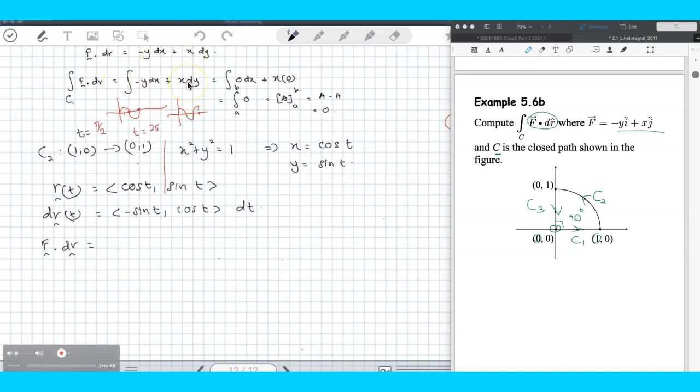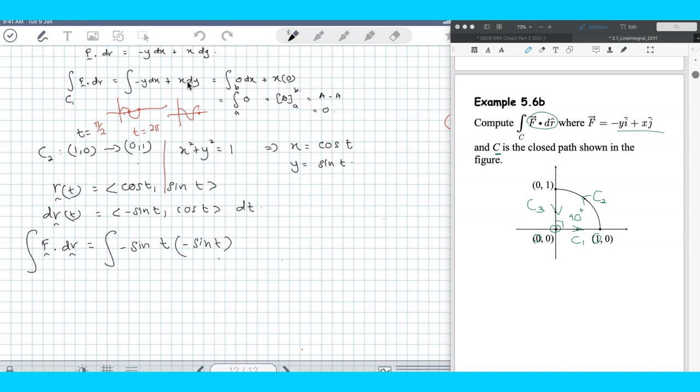So now we put the negative y. So negative y means negative sine t. Negative sine t times dx, which is negative sine t dt.